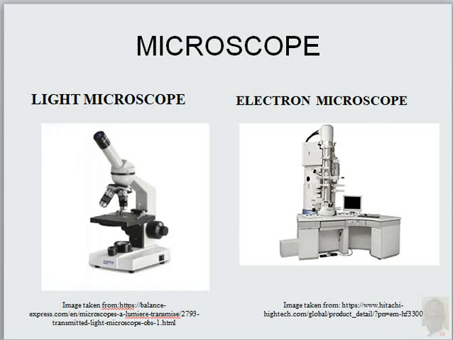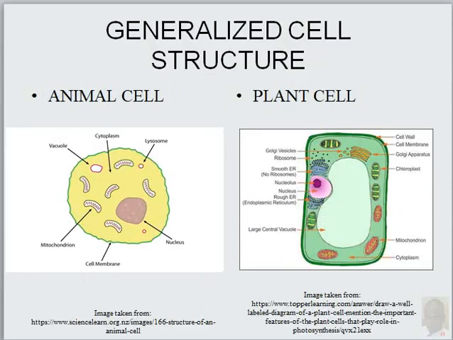So moving on now to the generalized structure of plant and animal cells. We have an animal cell here and a plant cell over here. Now these diagrams are simplified, so they are not giving you exactly what the cell would look like if we were looking at it using an electron microscope.